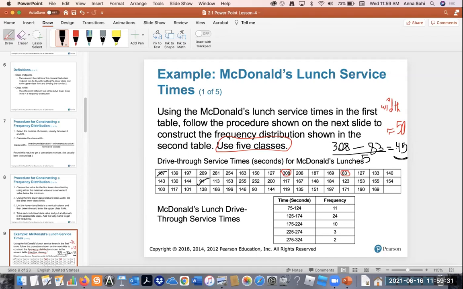2, 3, and you can cross them out. 4, 5, 6, 7, 8, 9, 10, until 124.